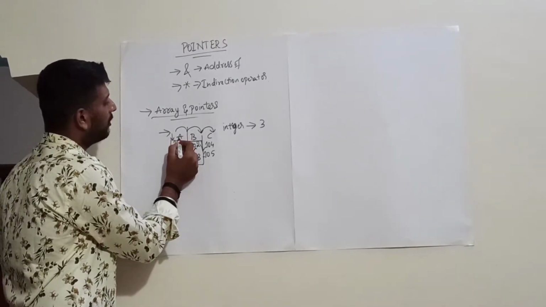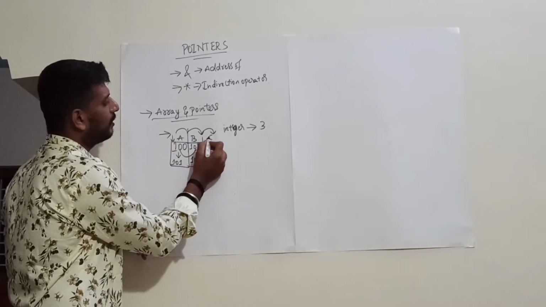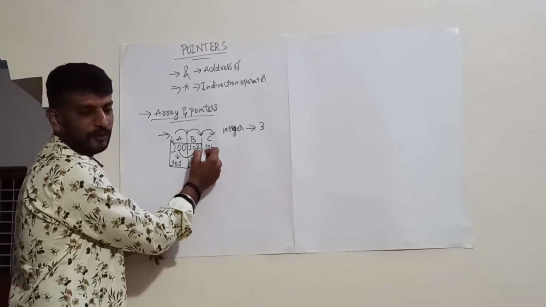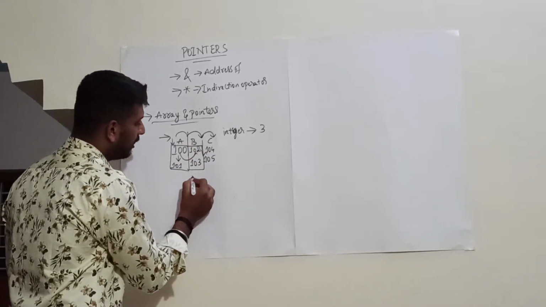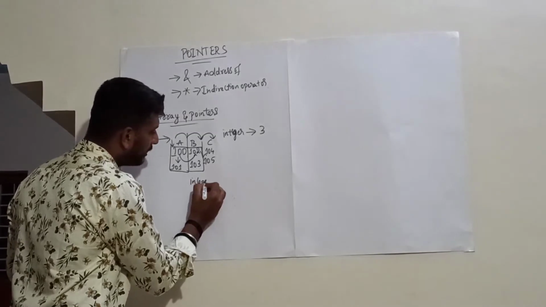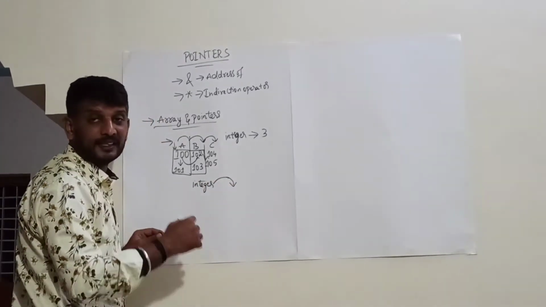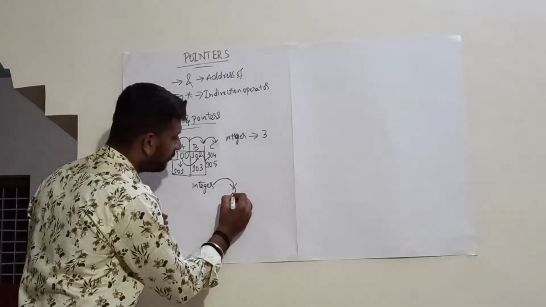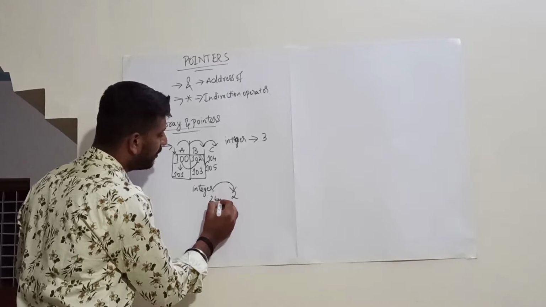The address of a will be 100, the address of b will be 102 and the address of c will be 104. What we have to understand is that an integer pointer gets incremented in the steps of 2. Why? Because an integer occupies 2 bytes of memory.